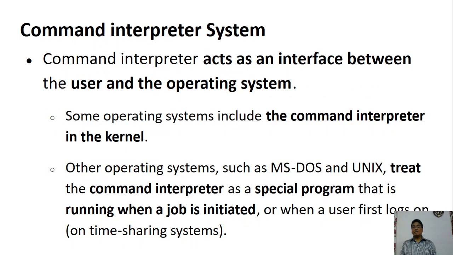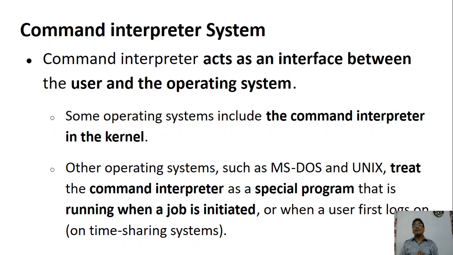The next and a very important component of any operating system is the command interpreter. Now, how do I interact with the operating system? That's very important. You know very well there are a lot of components in the operating system. As a user, how do I interact with it? If I run my program, how will my program interact with the operating system? So you have written a program to sort the numbers. How does it interact with the operating system?